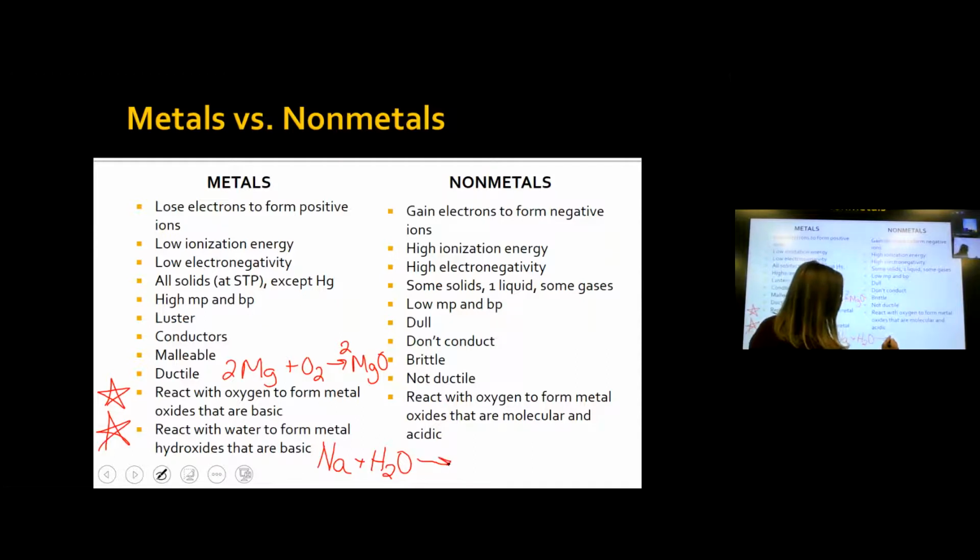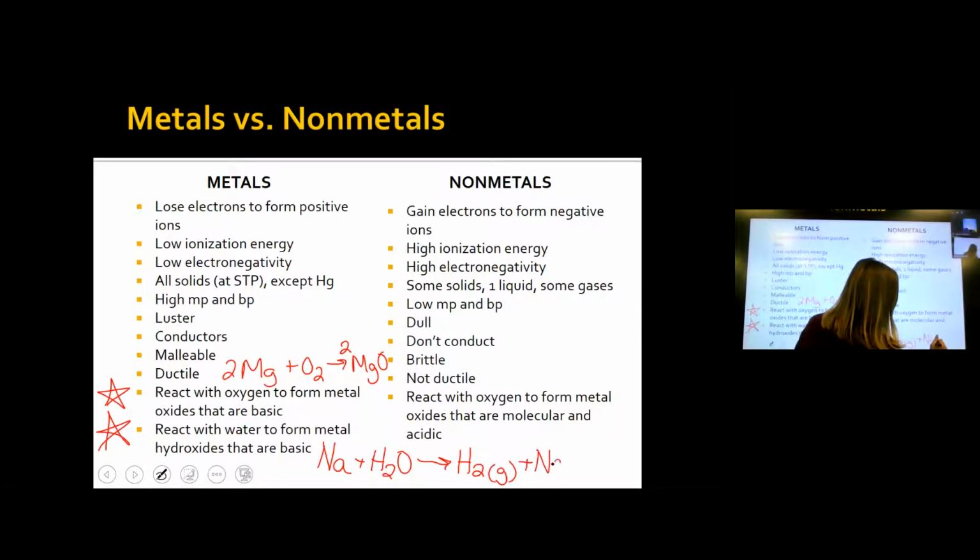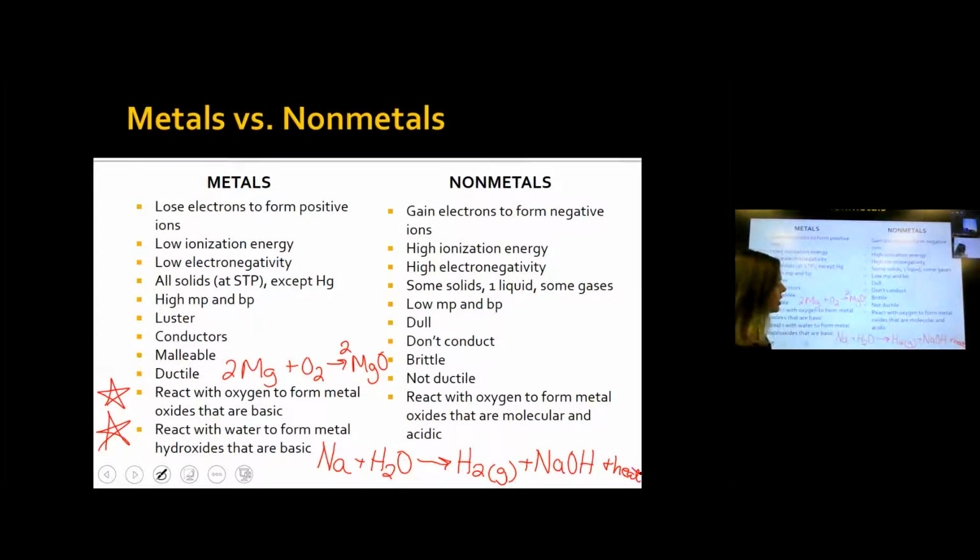It produced a lot of hydrogen gas and quite a bit of heat, so much heat that it can ignite that hydrogen gas, and it also produces sodium hydroxide and heat, because that is exothermic.